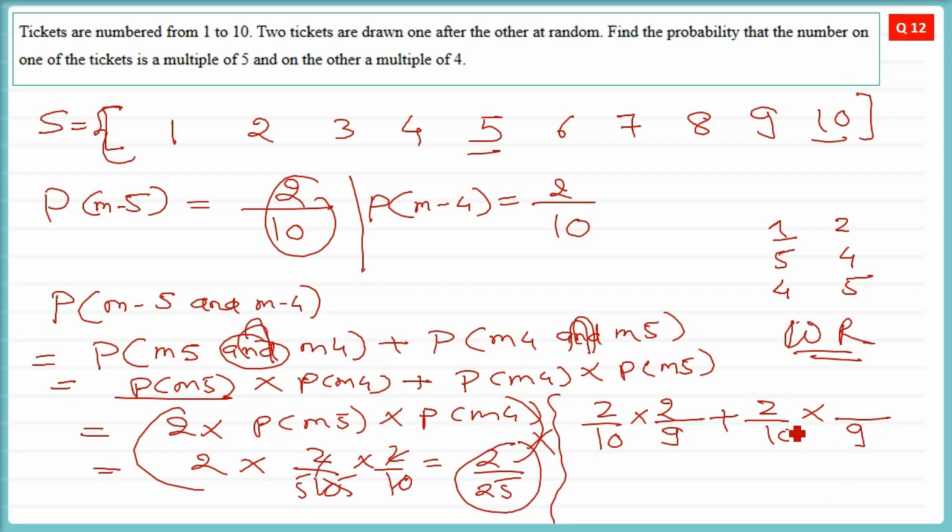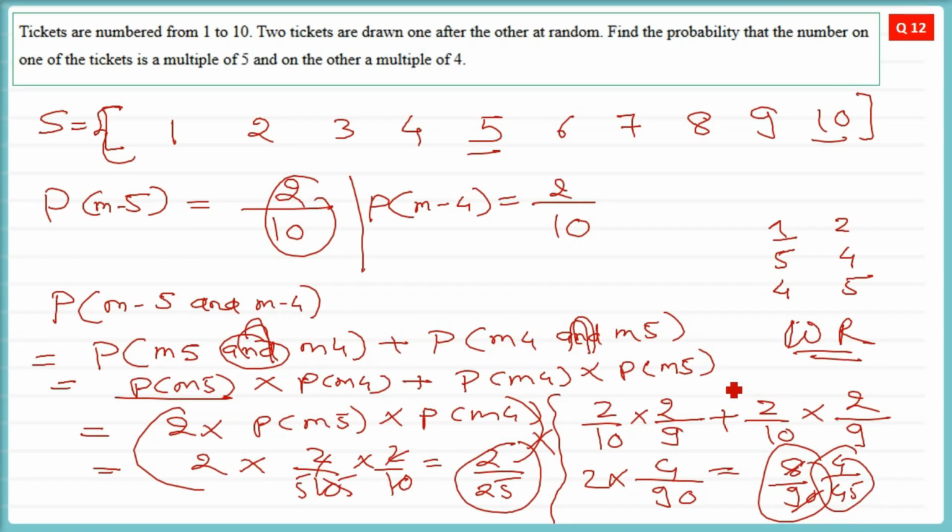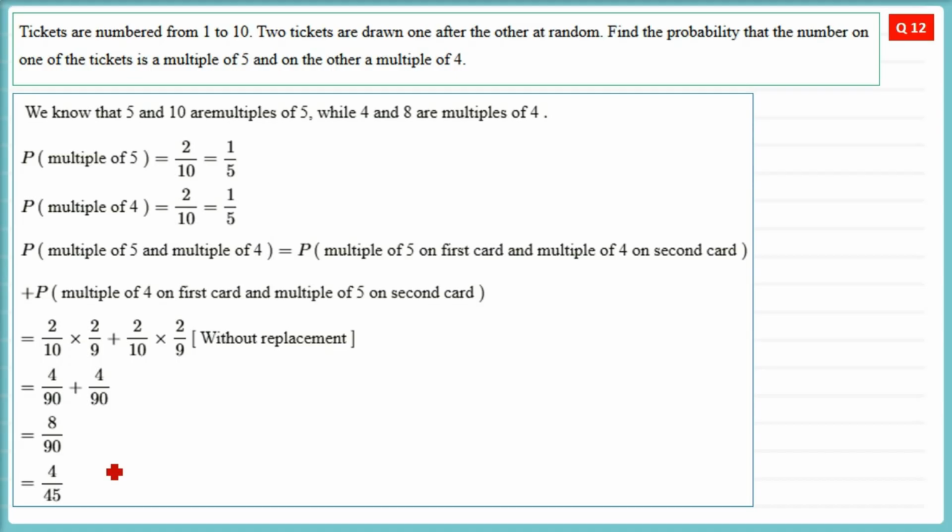But 1 ticket has been drawn, so 1 has to be deducted from 10. So 9, and 2 still remain as multiples of 5. When you compute this, it will be 2 into 4 by 90, that is going to be 8 by 90. 8 by 90 is the result we are talking about. You can write it as 4 by 45. So we are assuming the replacement is not done. This is how this will be done.